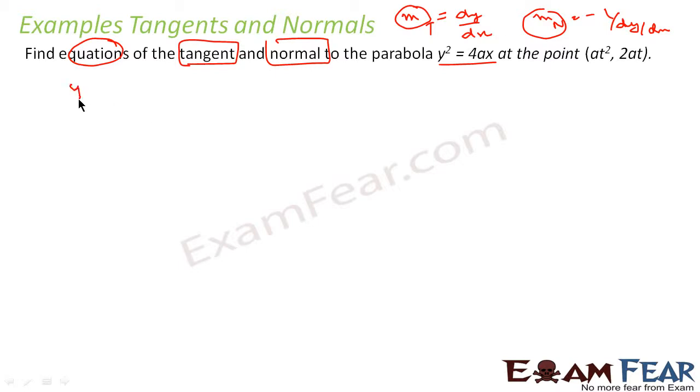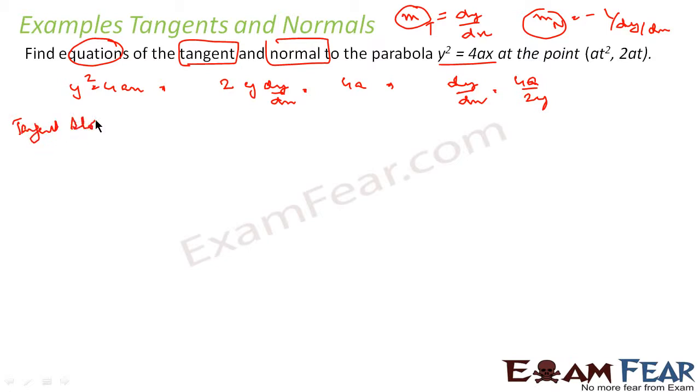So let's do that. I have the equation y square is equal to 4ax. If I differentiate both sides, I get 2y dy by dx is nothing but 4a, or dy by dx is nothing but 4a by 2y. Now dy by dx is found. Let's find the tangent slope.